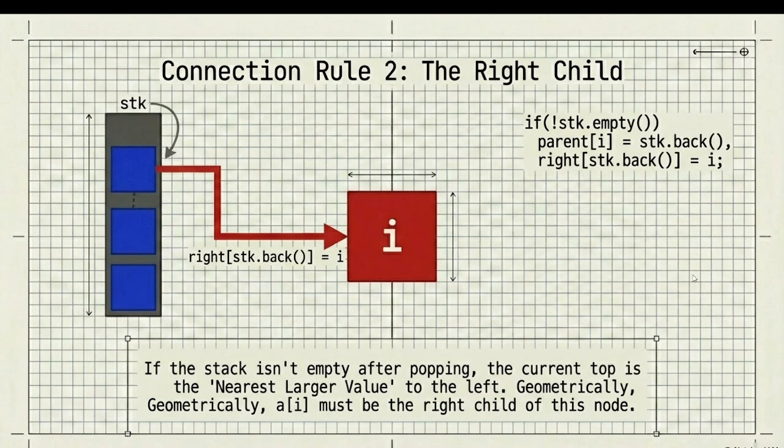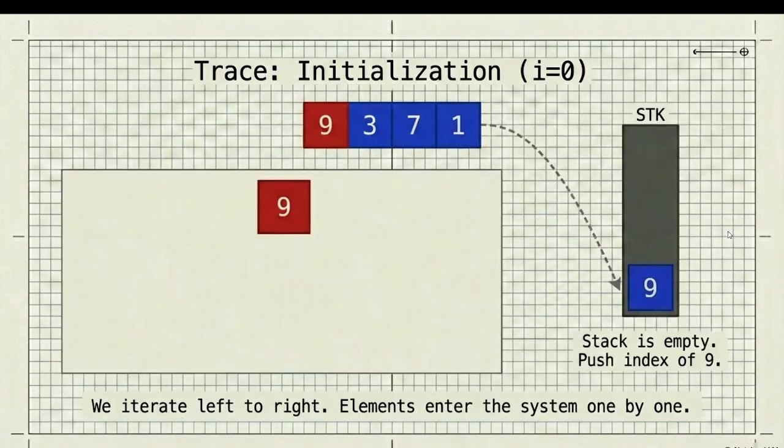For the right child, if after popping the stack is not empty, the current top is the nearest larger value to the left, so i becomes the right child of the current top element.